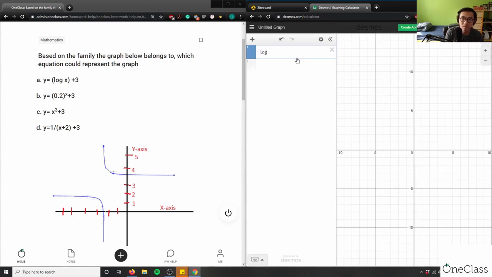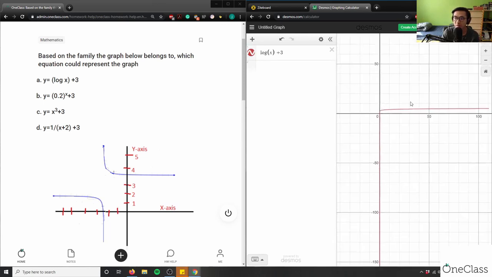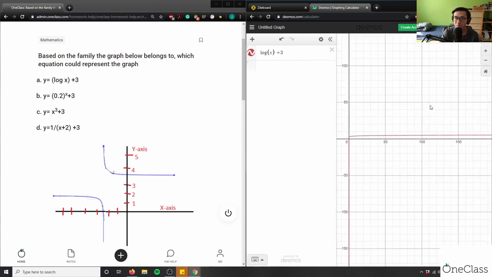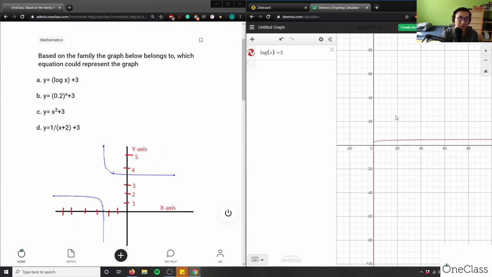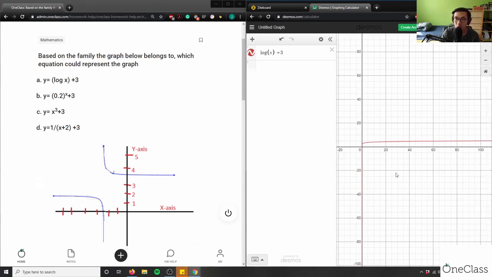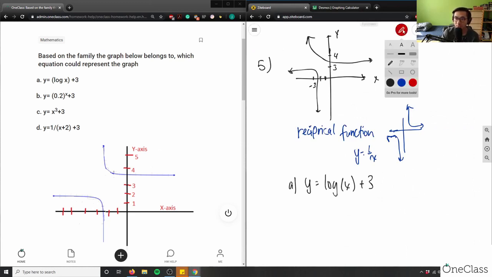As you can see, it's steadily increasing at a very flat rate, but it doesn't have negative values. I can't take the log of a negative number, and in this case the graph exists in the negative domain, so log x cannot be my answer. Remember, log is simply the inverse of an exponential function. So A cannot be our answer.